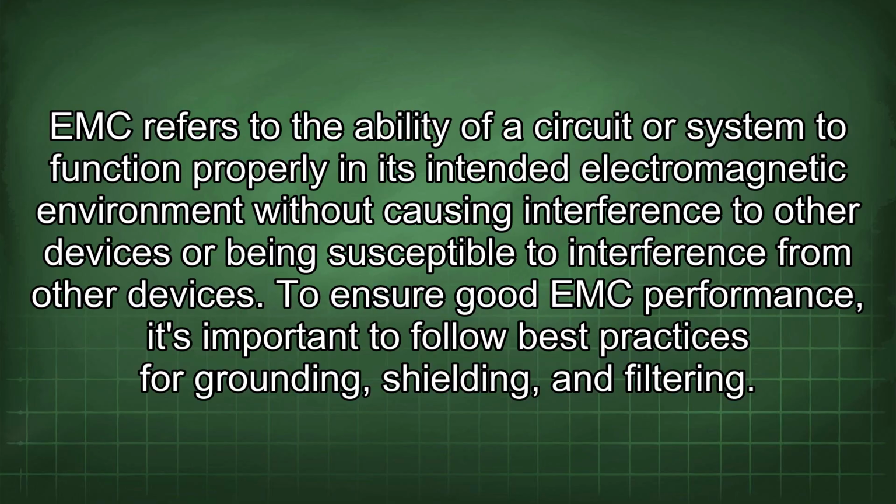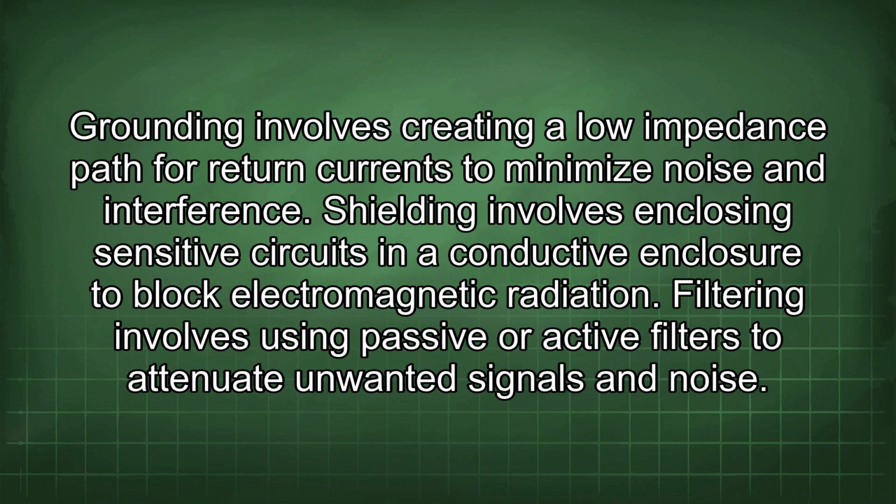To ensure good EMC performance, it's important to follow best practices for grounding, shielding, and filtering. Grounding involves creating a low impedance path for return currents to minimize noise and interference. Shielding involves enclosing sensitive circuits in a conductive enclosure to block electromagnetic radiation. Filtering involves using passive or active filters to attenuate unwanted signals and noise.